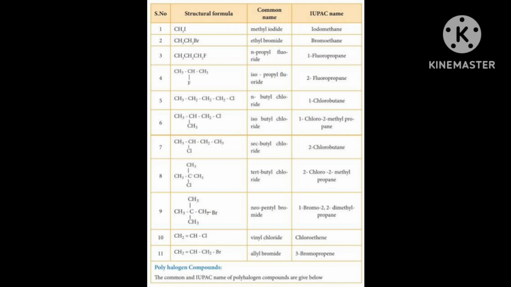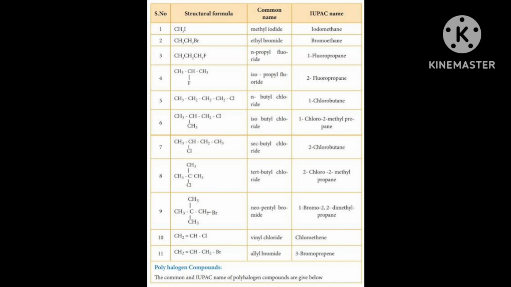CH3 whole 3 is there, and the fourth one is only Br, bromine is attached. Okay, here with the central carbon 3 methyl groups are attached. The fourth one is no CH3, in its place Br is there. Then what will be its name?